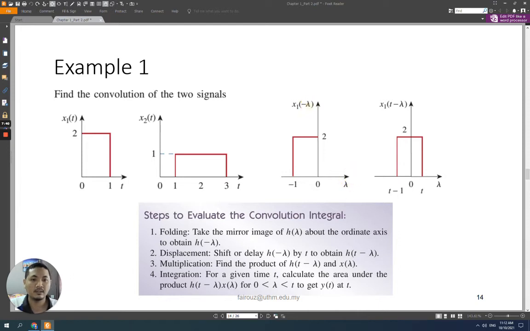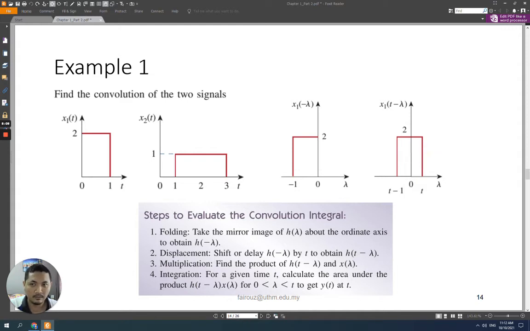The second step is to displace, shift or delay. What this means is that this waveform or signal will move to the right hand side, slowly moving step by step.